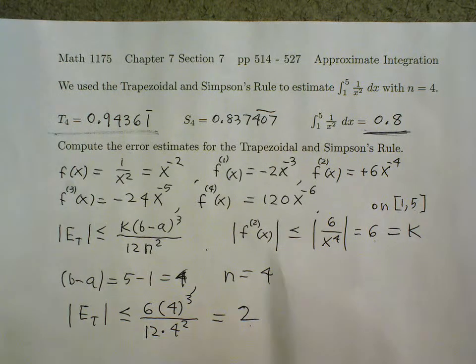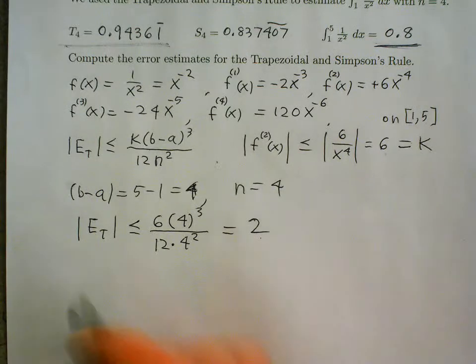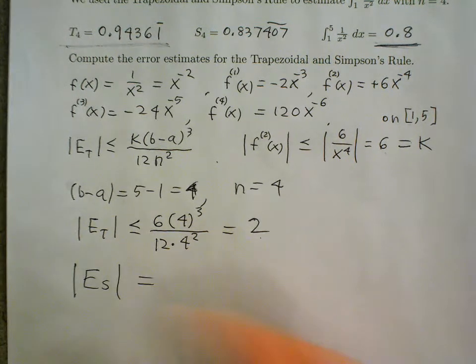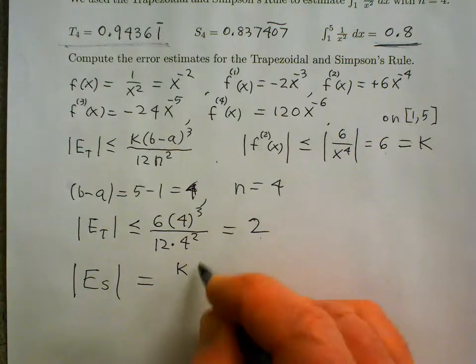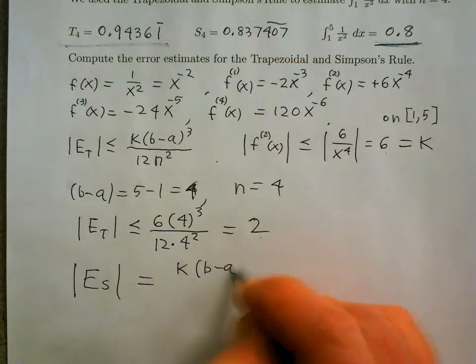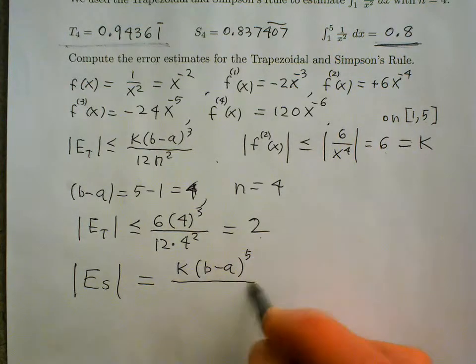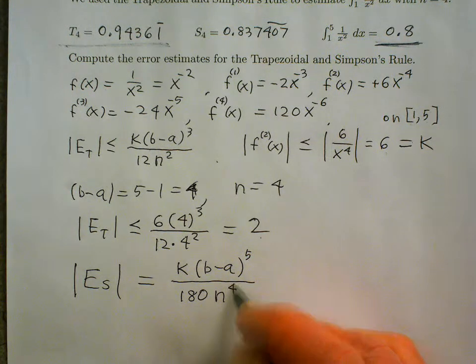Okay, now let's compute the error estimate for Simpson's rule. So I'll write down what Simpson's rule is here. This one is k times b minus a to the 5th over 180 times n to the 4th.